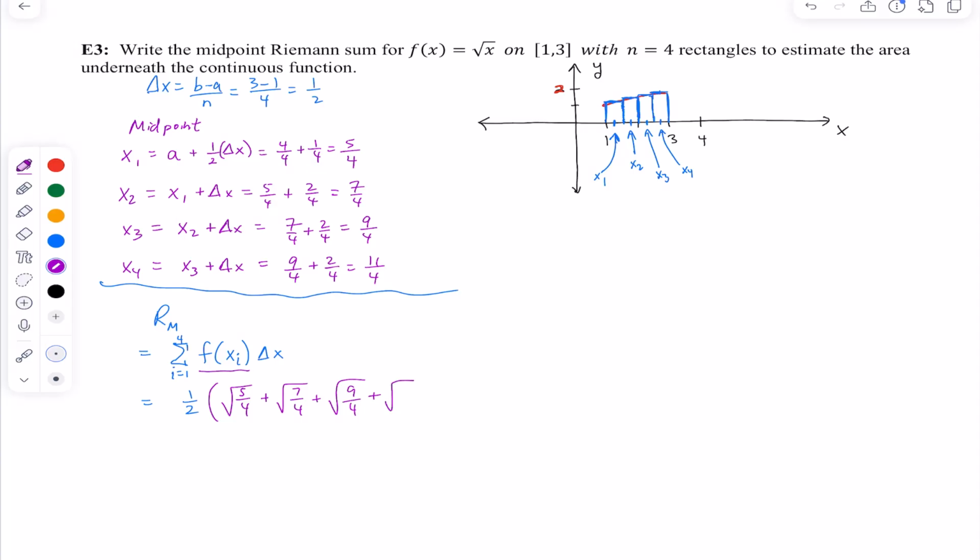You may have realized there's a pattern to this. The common denominator is just 4.